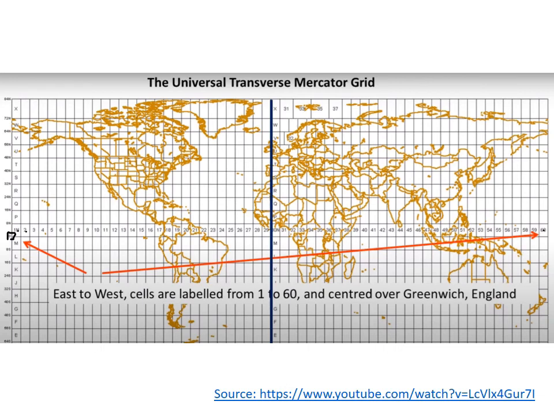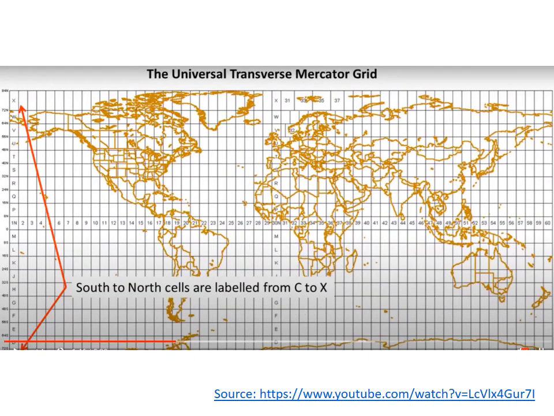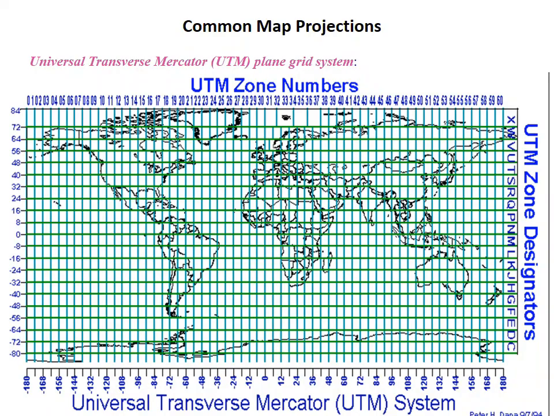East to west cells are labeled from 1 to 60 and centered over the Greenwich meridian. And you could also see the rows are named from C to X. So you have many zones in the UTM projection, and the north to south cells are labeled from C to X. And this is the overall picture of the UTM zones.